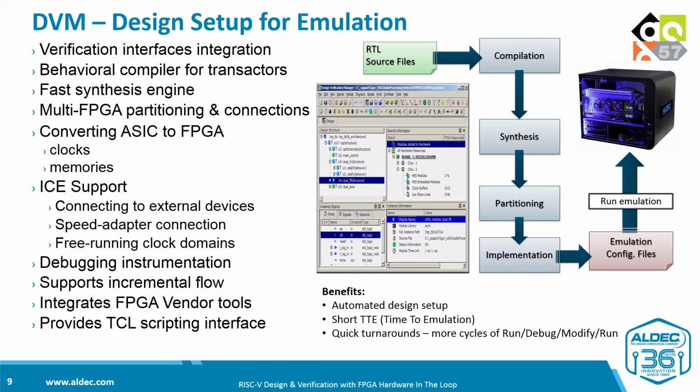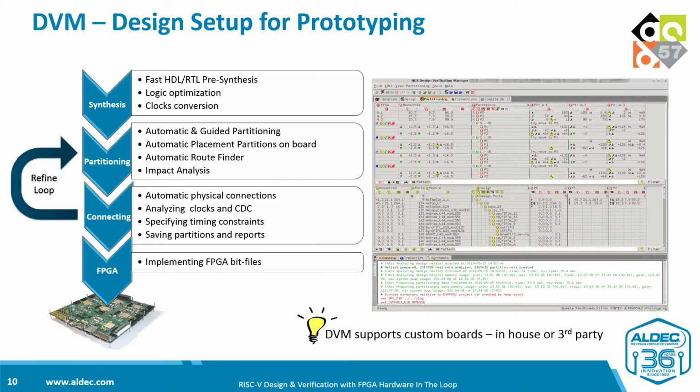At the end of the flow, DVM also integrates with FPGA vendor tools to automate the last stage, which is FPGA implementation. That's place and route and bitstream generation. You can also create a TCL script and use it in the future for further setup flow automation.